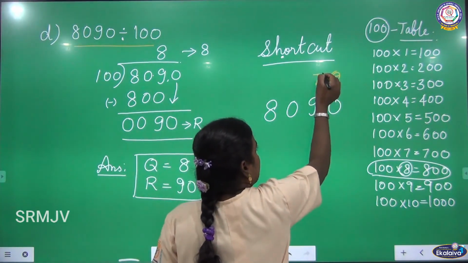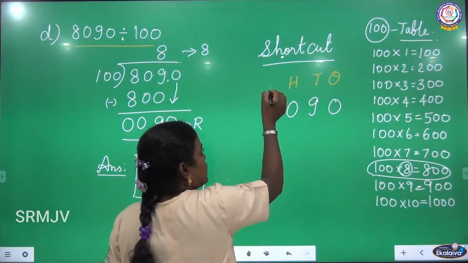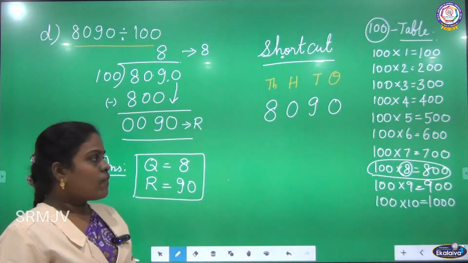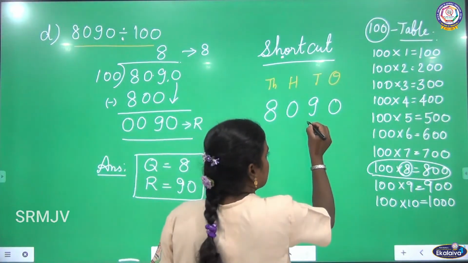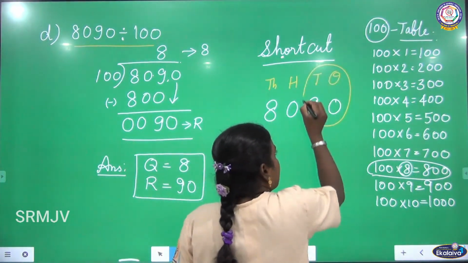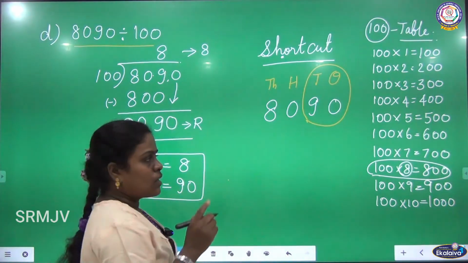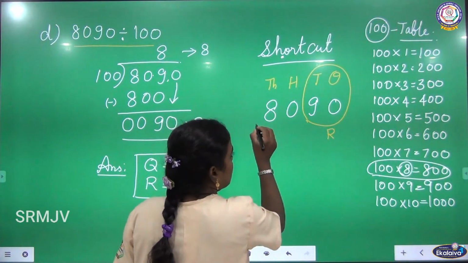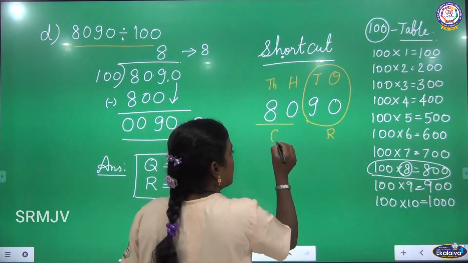Ones, tens, 100 and 1000. These are the place values. Now we have to choose only the digits which are in ones and tens place. This is the remainder and the rest of the number is the quotient.